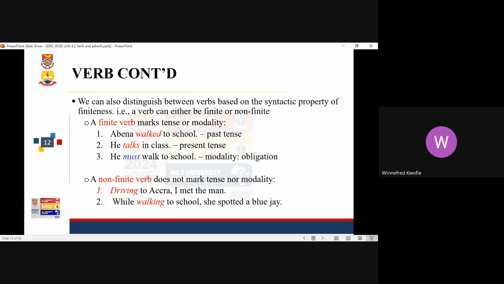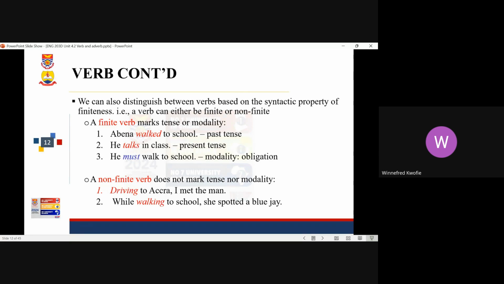Let me give you this simple illustration that can help you to identify or remember finite verbs and non-finite verbs. When the verb appears in either simple present or simple past, it means the verb is a finite verb.